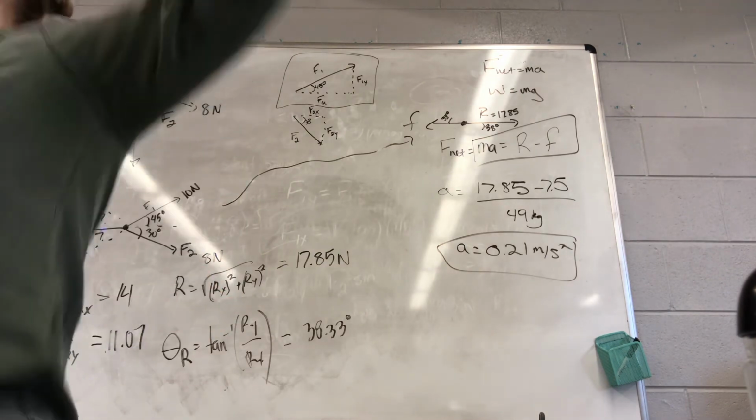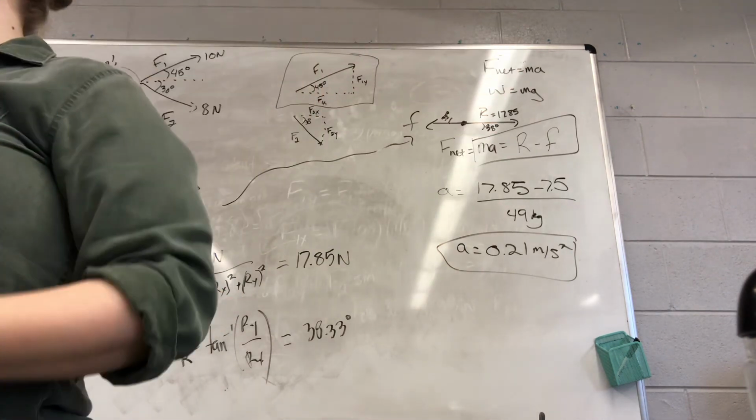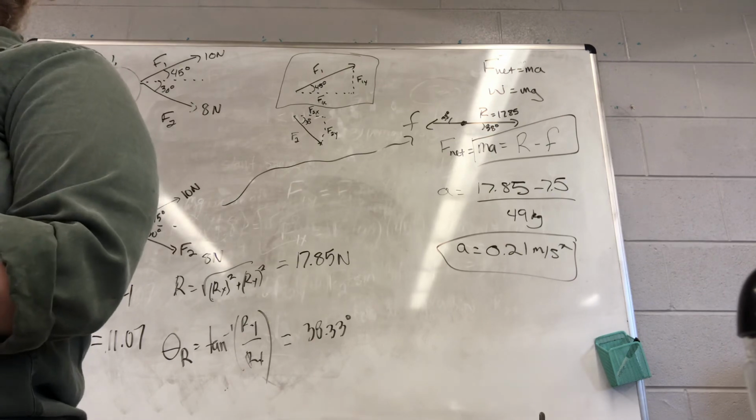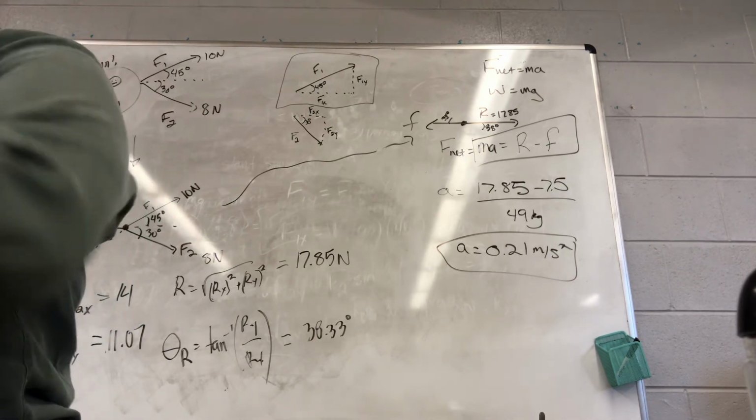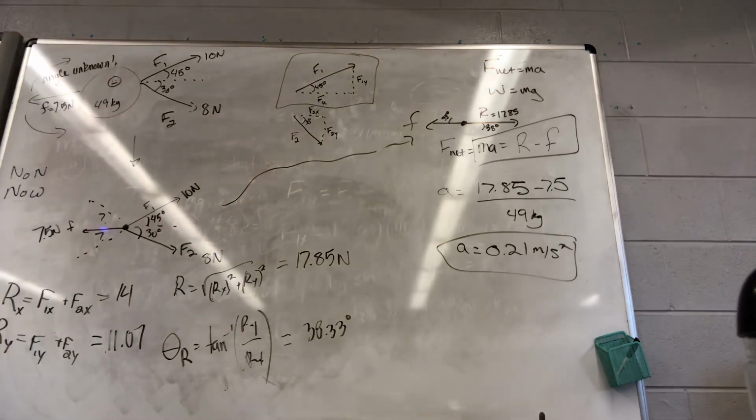We're going to spend time this week solving more free body diagram problems, because each of them is slightly different, and we want to practice those skills before our final exam.